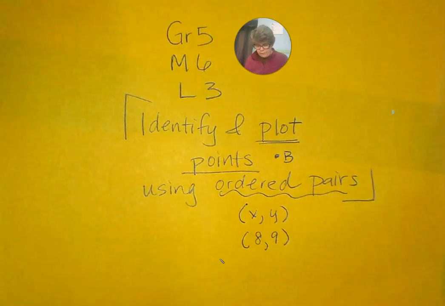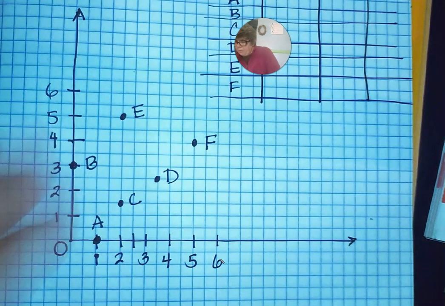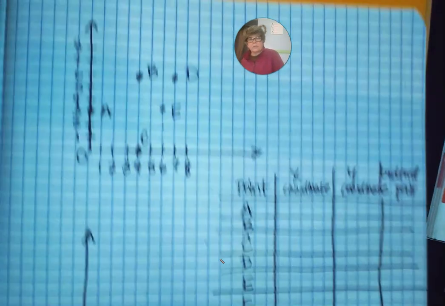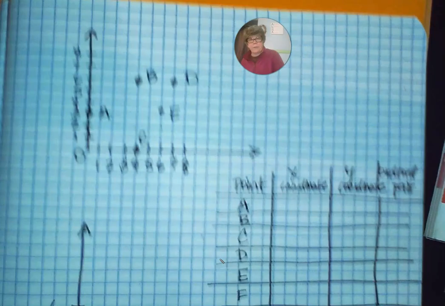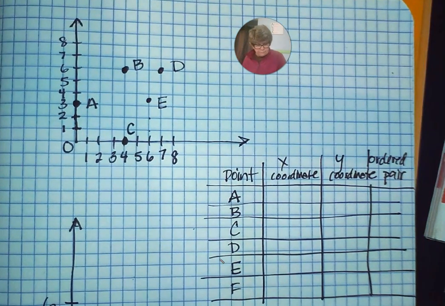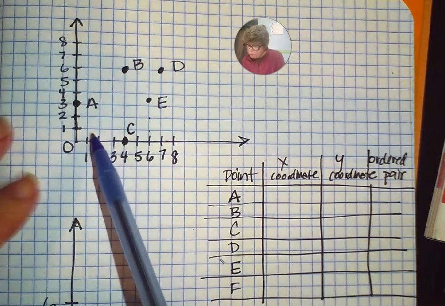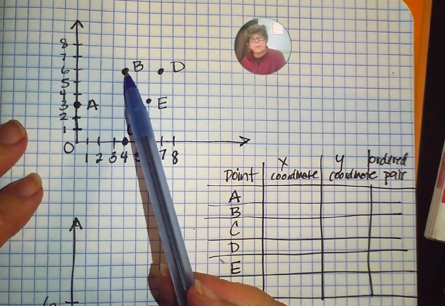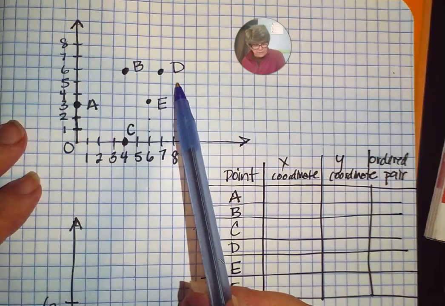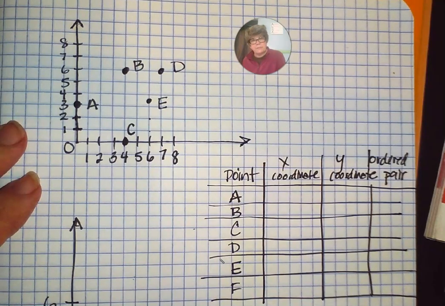Oh, right. We're going to start with a graph, and here's our graph on some graph paper. And what is similar about the locations of point B and D? All right, so let's look at point B and let's look at point D. What is similar about their locations?